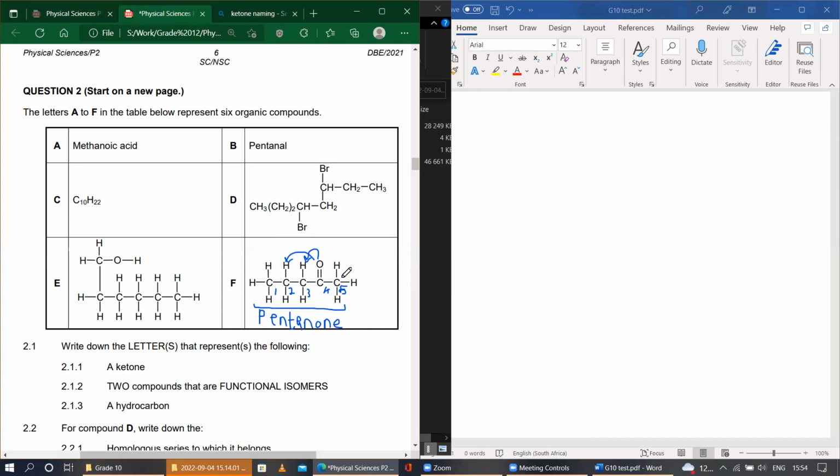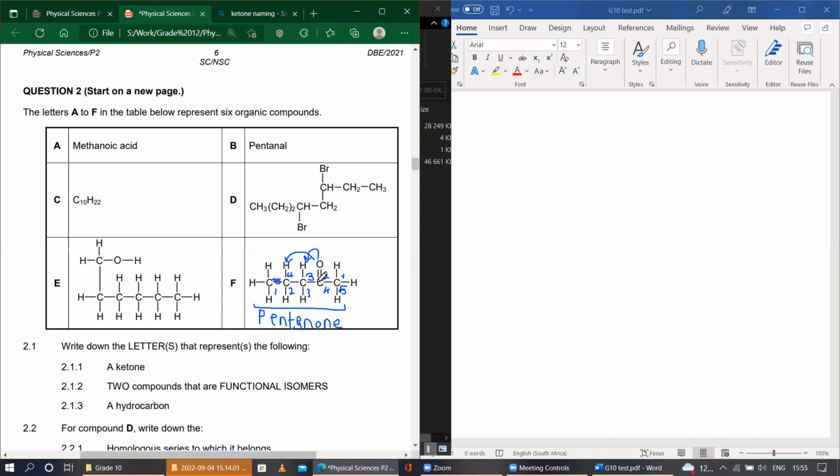Number 5 is gonna be number 1. Number 4 will be number 2. Number 3 is gonna stay the same. And this will now be carbon number 4, and this will be carbon number 5. So basically, if you move the oxygen to carbon number 2, you have the same thing.